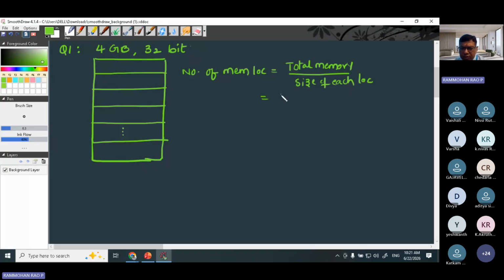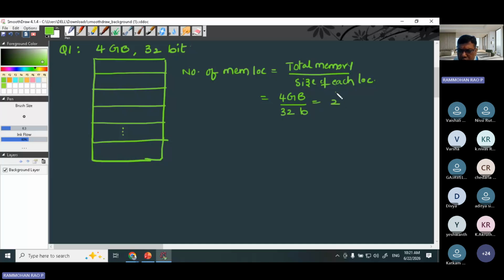Total amount of memory is 4 GB. The size of each location depends on your CPU's capability, how much your CPU can process at a time. Maximum is 32 bit. So the size of the processor decides the size of each memory location. It is 32 bit.